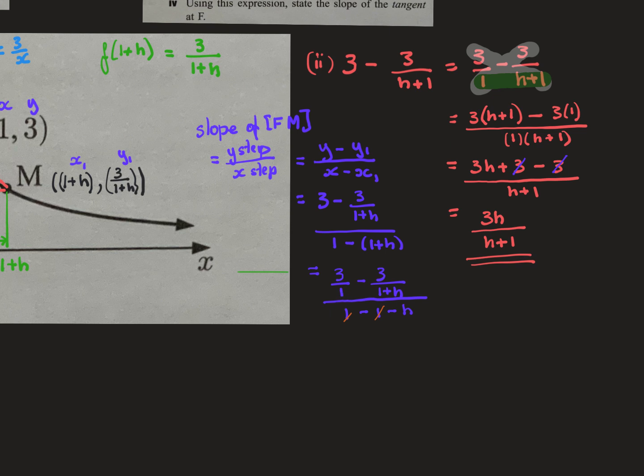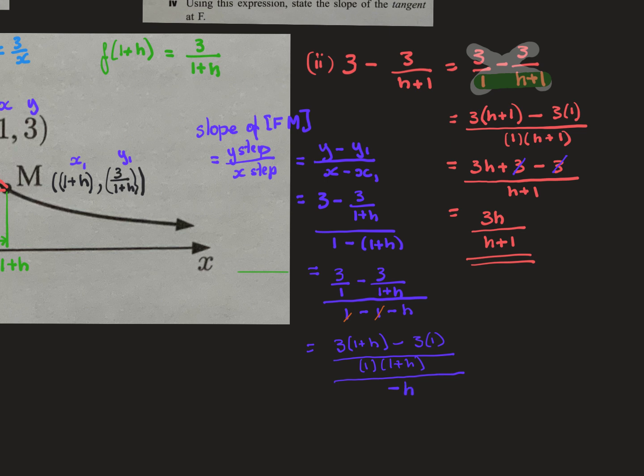That will mean that this is 3 multiplied by 1 plus h, take away 3 multiplied by 1, and then we also need to divide it by minus h.